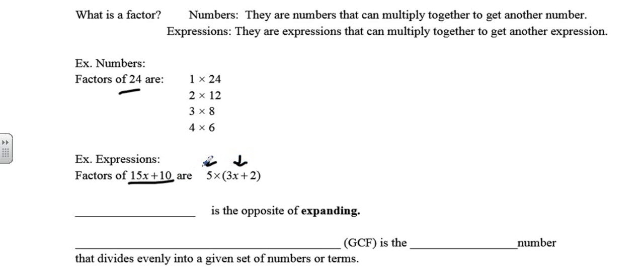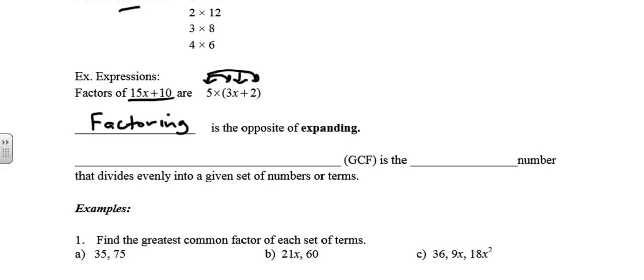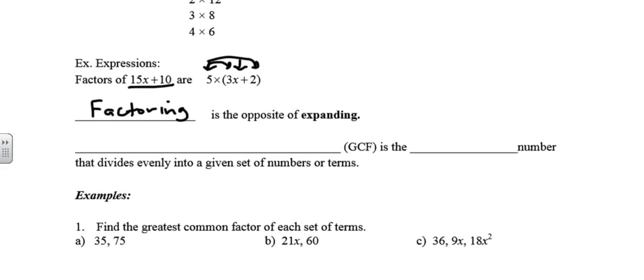And together, when we do the distributive law, we get back to our original question. So ultimately what you need to know is factoring is the opposite of expanding, which is what we did yesterday. We did FOILing, and distributive law is also expanding.